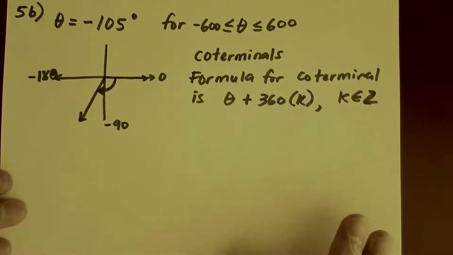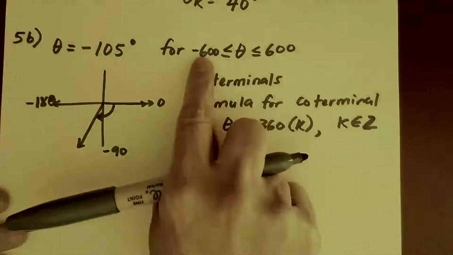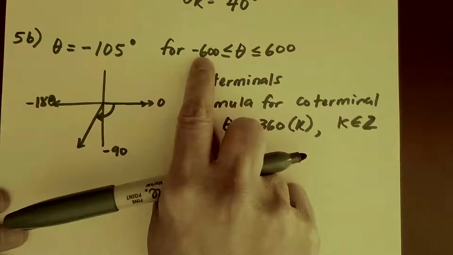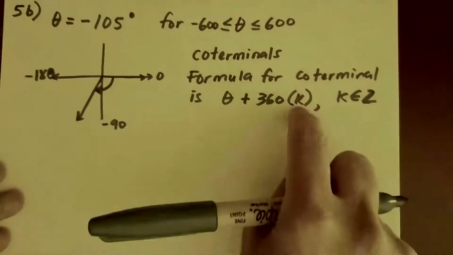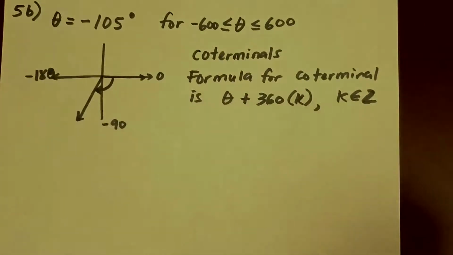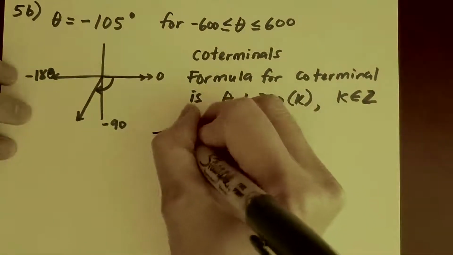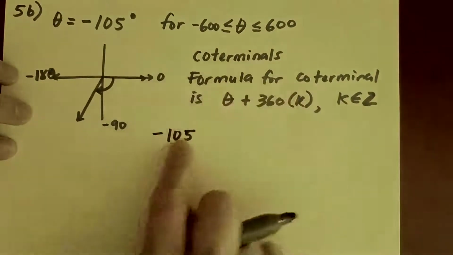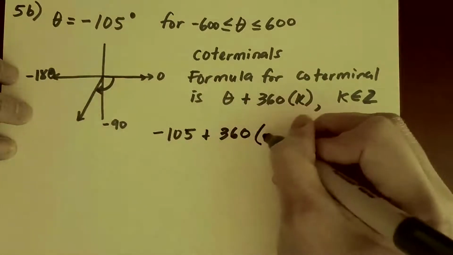Because I have to find all coterminals between negative 600 degrees and positive 600 degrees, I'm going to put some values for k in here. I'm going to start with negative 105, because that's the theta they gave us, plus 360 times negative 2.